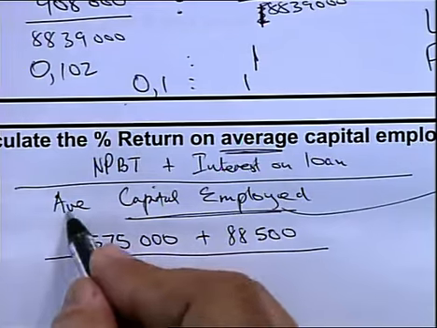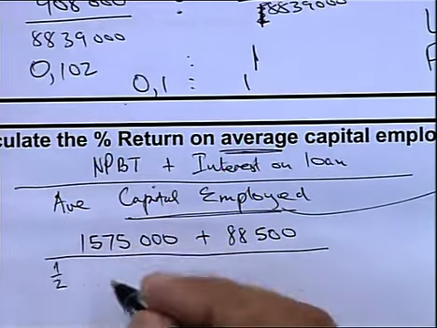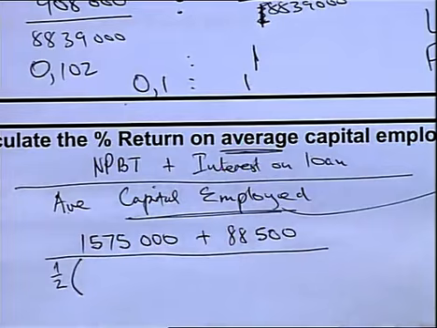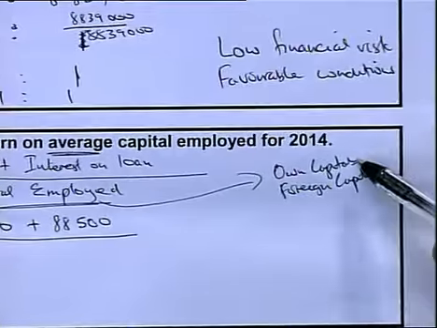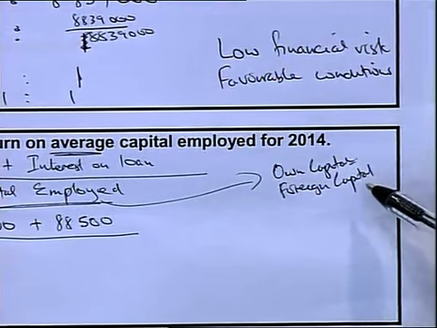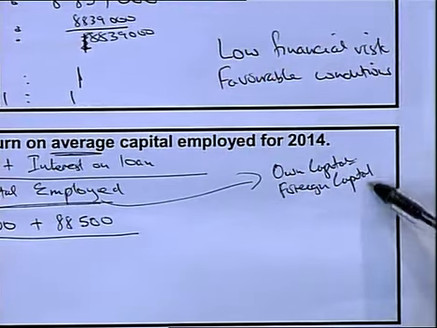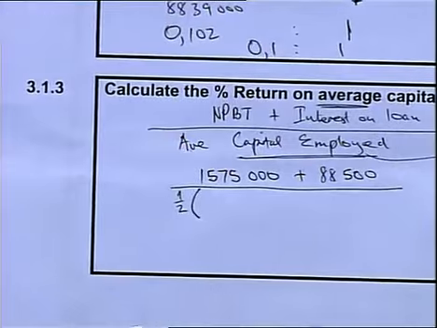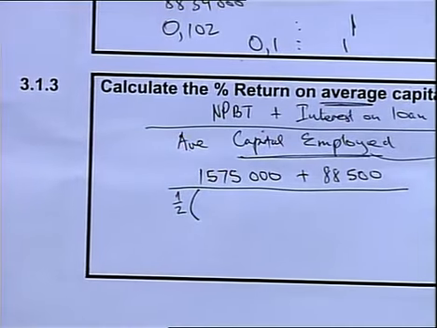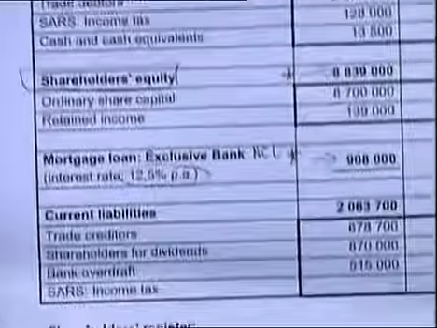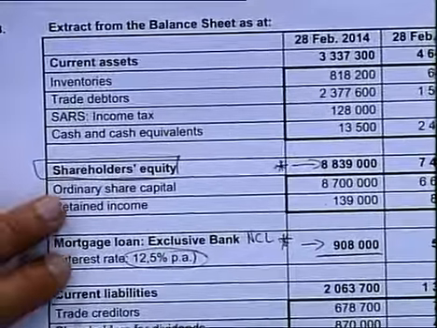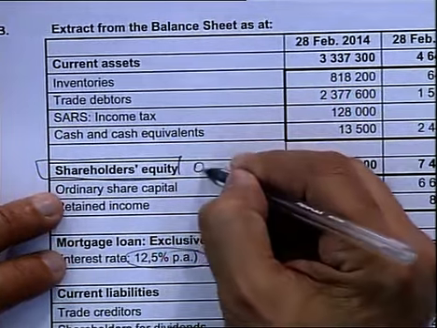At the bottom, the word average tells me I must have a half. So what is it half of what? Half of your own capital for the 2 years and half of the foreign capital for the 2 years. Okay, so if we look at the information, shareholders' equity, that's the own capital.